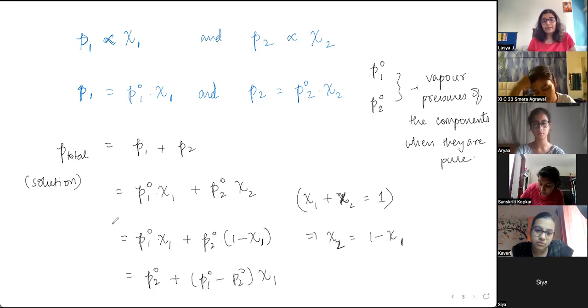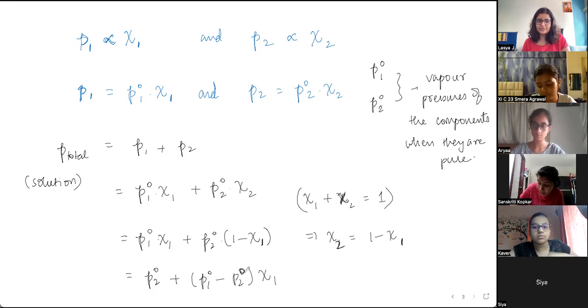So essentially, if you know the concentration of the solution, like the mole fraction of either component 1 or component 2, and if you know the individual vapor pressures, then you'll be able to figure out the overall total vapor pressure of the solution.